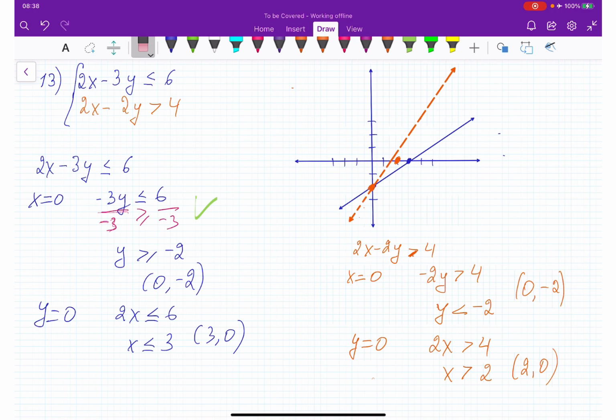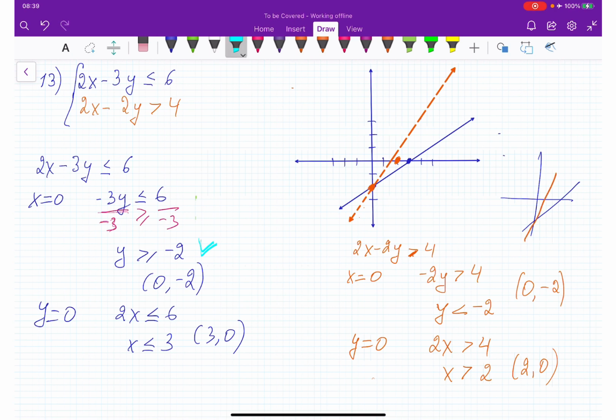And now let's see. We start shading. For the blue color, we have y is greater than negative 2. Where is my negative 2? Right here. Let me do drafting here. This is what we have.